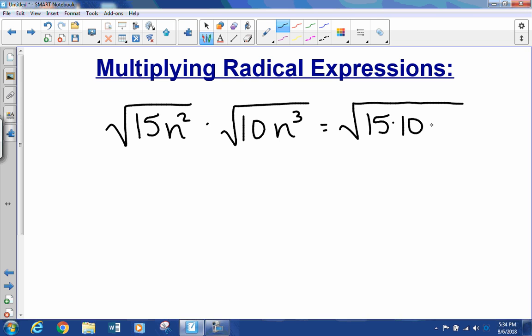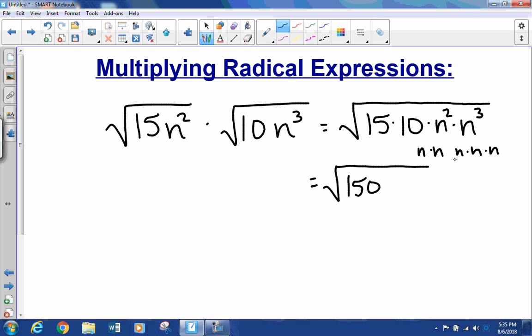So I'm going to multiply the two numerical parts of the radicands and multiply the two variable parts of the radicands. That would give me the square root of 150, and when I have n to the second power being multiplied by n to the third, that should combine to make an n to the fifth power in total.